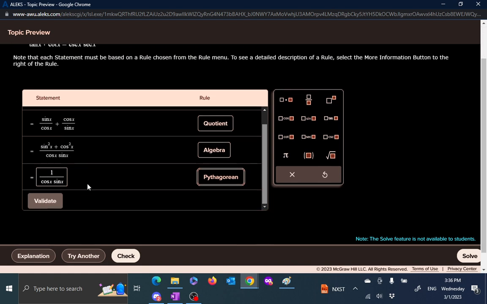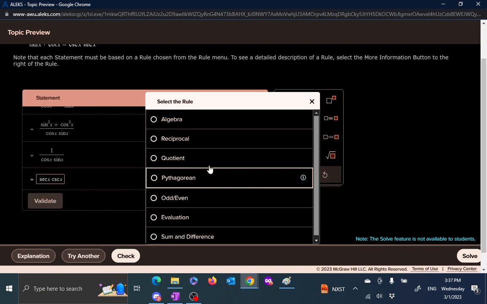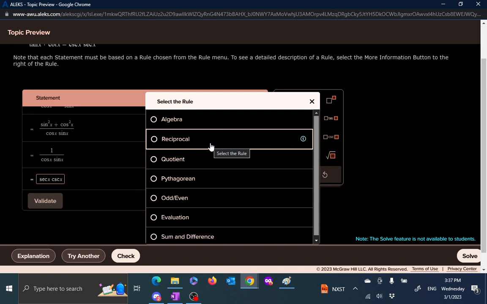Now again, let's see if we can exchange both of them at the same time, and whether the software complains or not. 1 over cosine, we said this is secant of x, and the other one is cosecant of x. What rule did I use? I used the reciprocal.